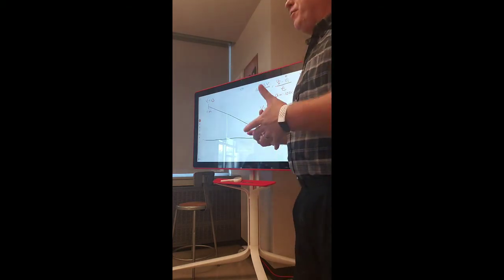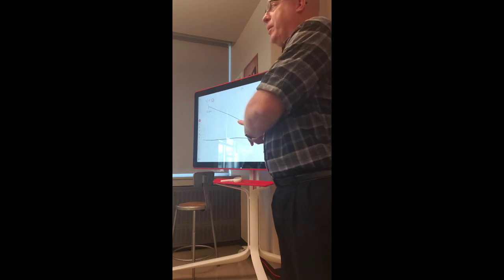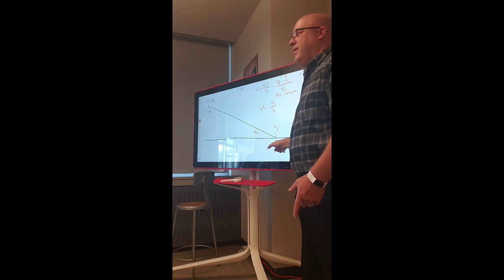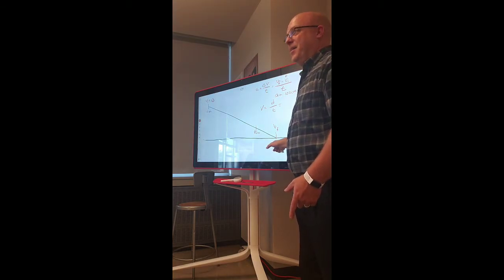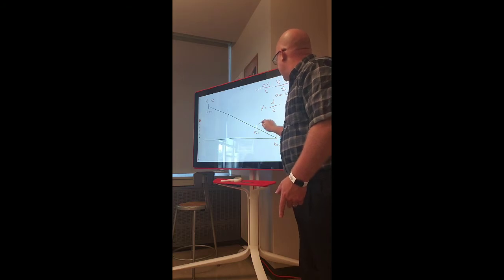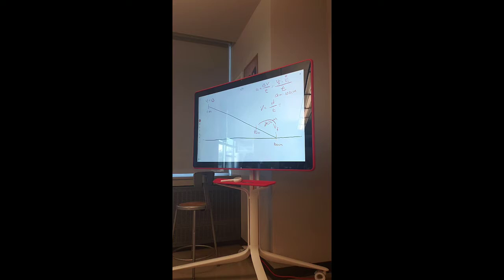Pick a distance at the end of the ruler. What distance am I going to use? 100 minus 80. So you're going to use this distance of what? 20 centimeters.